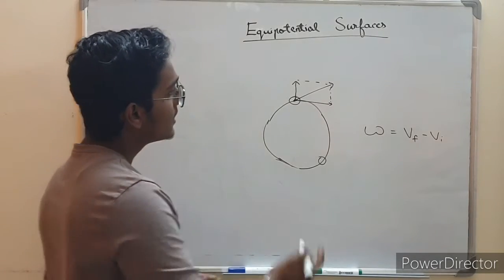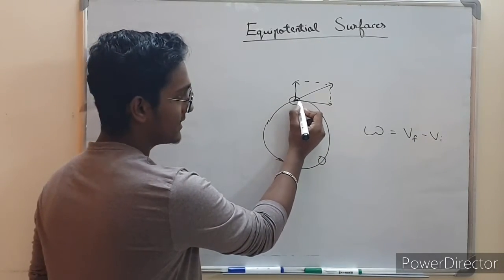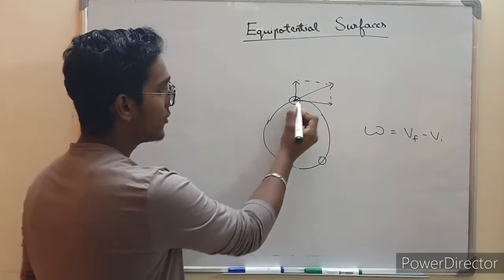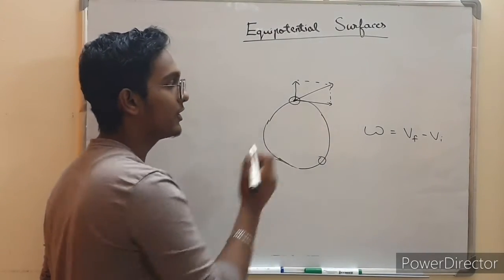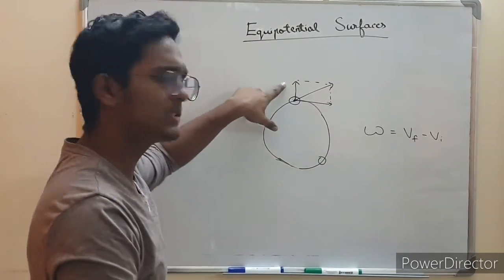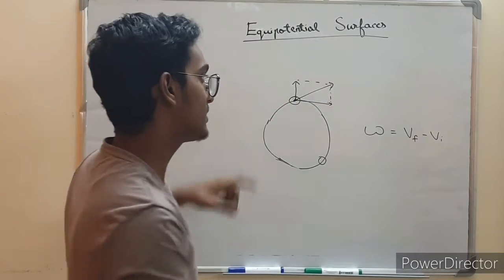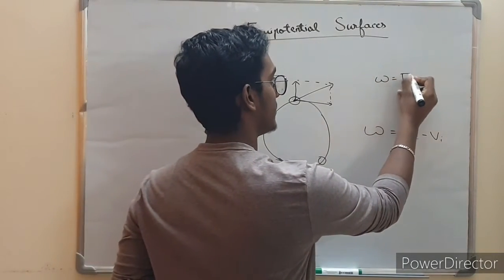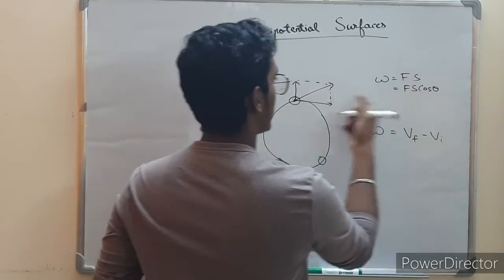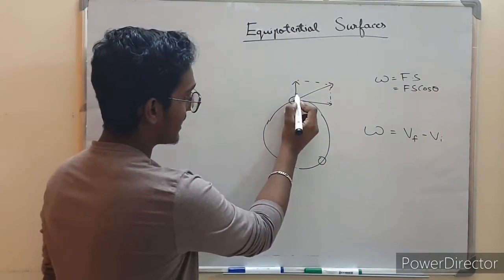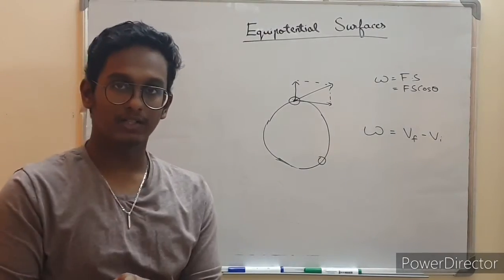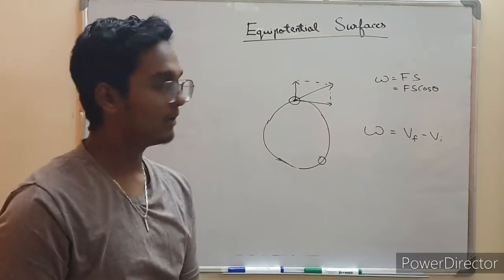But in this case, you can see that there exists a force over here in the horizontal direction. So if you try to move a charge from here to here, you have to do work against this force. So why is this force not counted in the perpendicular case? Because work done is force dot displacement, that's Fs cos theta. When the angle is 90 degrees, cos 90 becomes 0, and this is why perpendicular vectors do not contribute to work done.